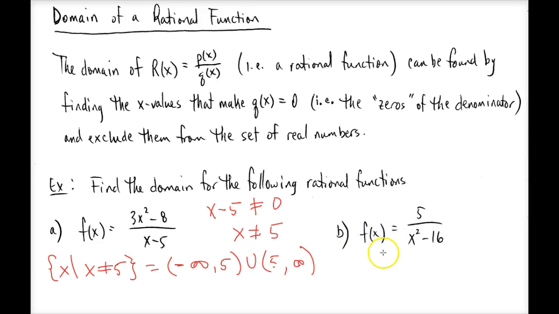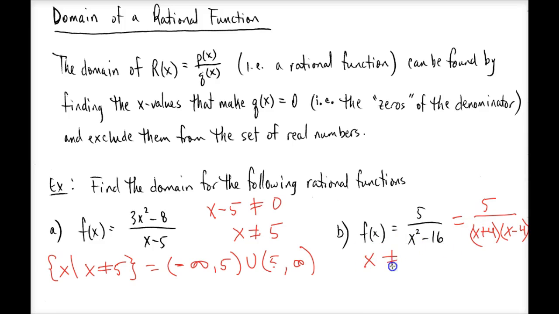All right. So for the next one here, we want to factor this out. And if we factor it out, x squared minus 16 is just x plus 4 times x minus 4. And so here we see that if we plug in a 4 for this x, the denominator will go to 0. And negative 4 here, it will go to 0.